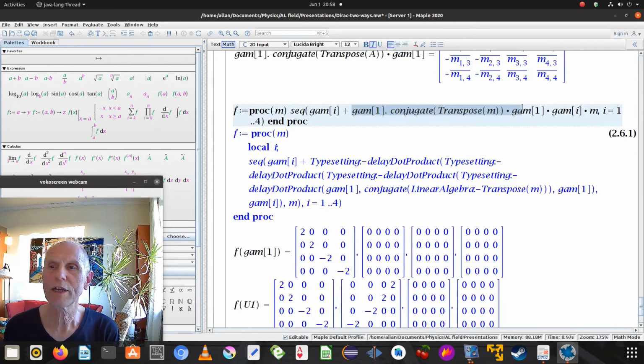Gamma 1 conjugate M gamma 1, that actually is a representation of the adjoint in our scalar product. And then we should multiply with gamma 1, and then the sum should vanish. So I just wanted to do that.